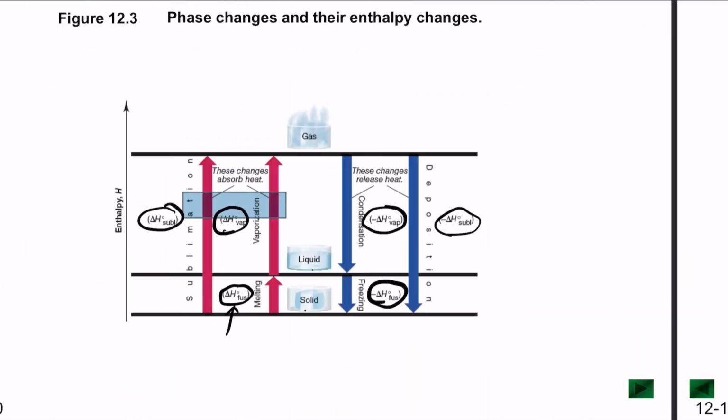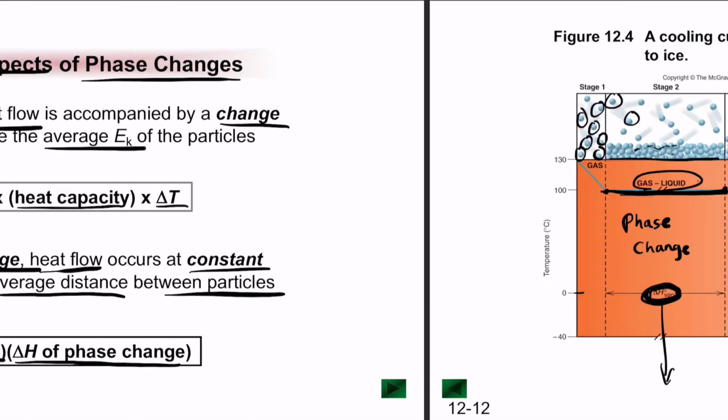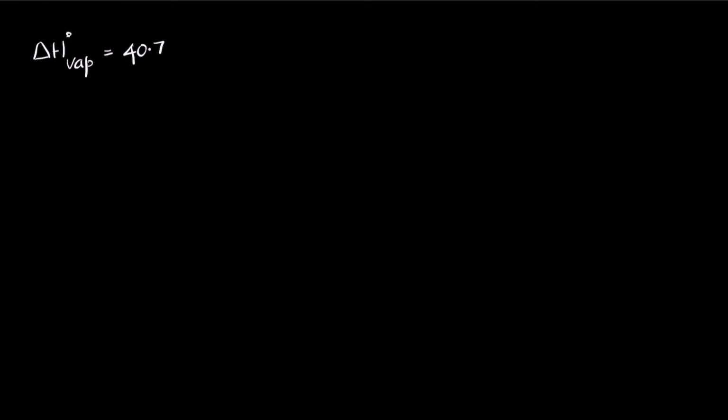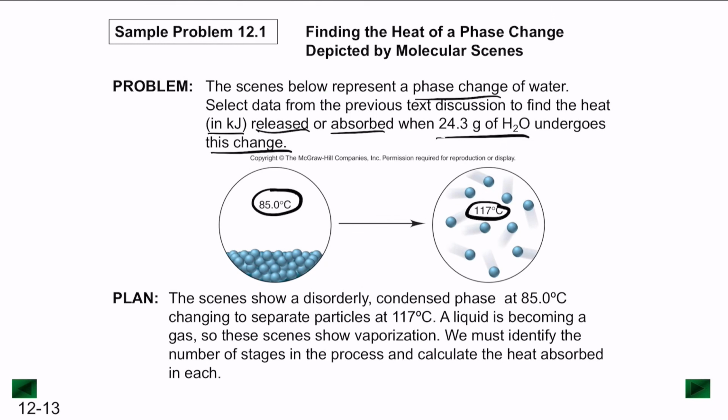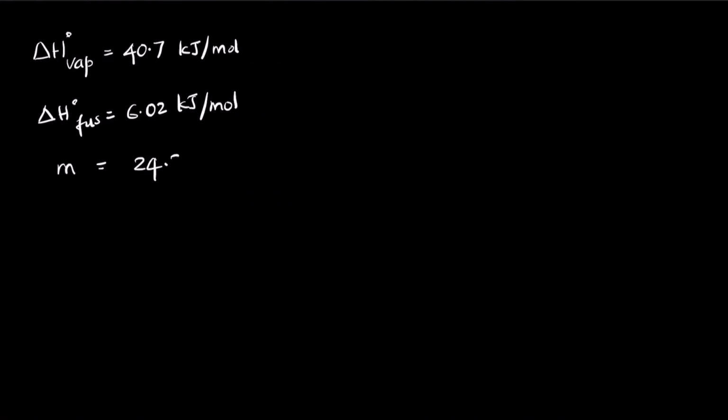Delta H of vaporization is 40.7 kilojoule per mole, and delta H of fusion is 6.02 kilojoule per mole. The starting mass is 24.3 grams of H2O.